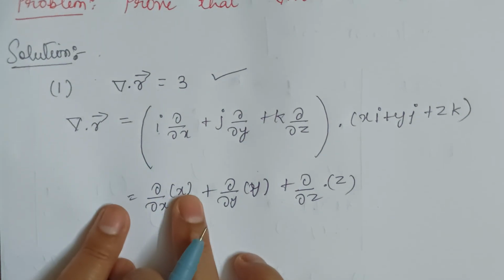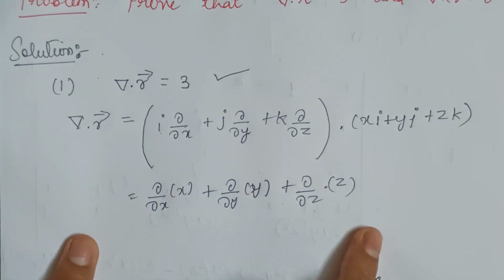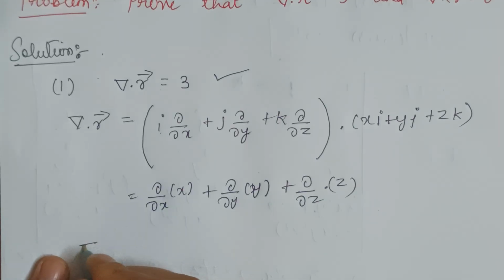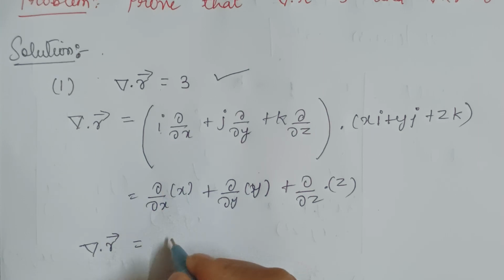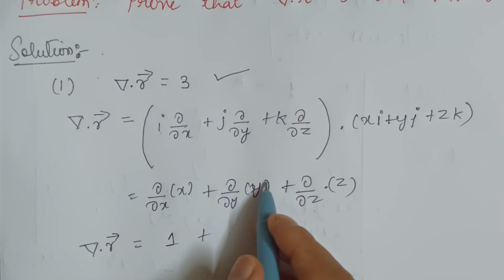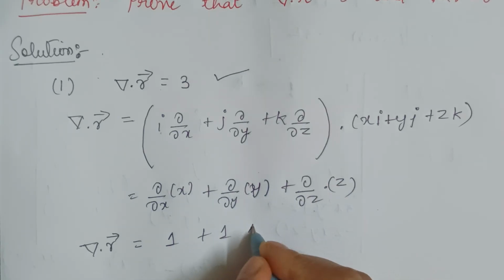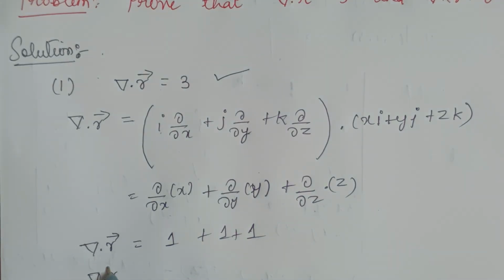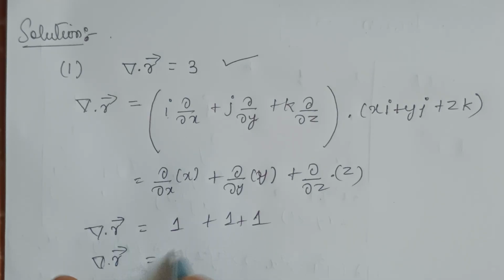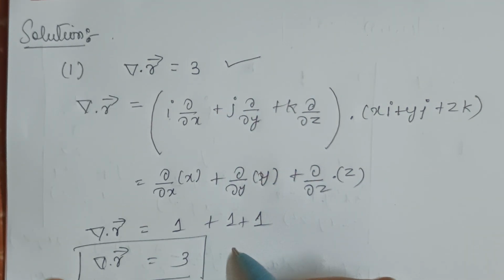Now differentiating x with respect to x, y with respect to y, z with respect to z, these are partial differentiations. So del dot vector r is equal to: partial differentiation of x with respect to x is 1, of y with respect to y is 1, of z with respect to z is 1. So del dot vector r is equal to 1 plus 1 plus 1, which is 3. Hence the first proof is done.